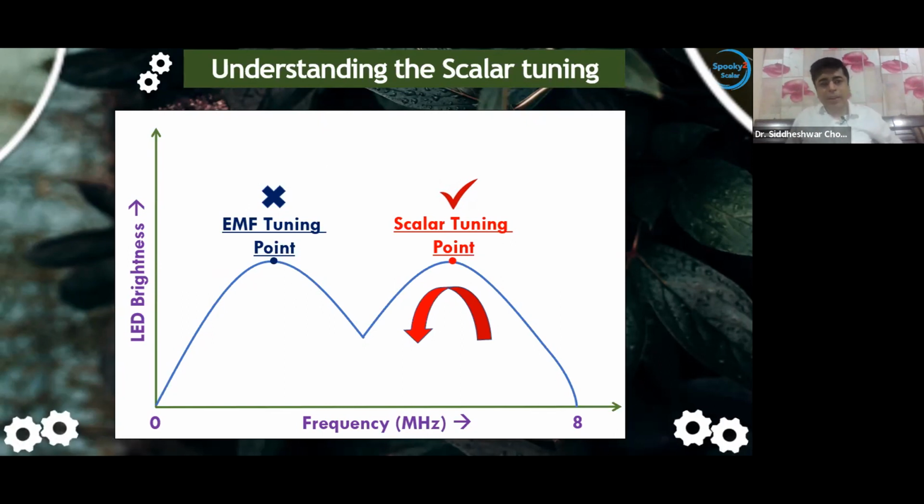This is the electromagnetic field tuning point, EMF point. This is not what you need. So please make sure, if there is any such confusion, you can turn off the transmitter, and then again you can turn it on and start your tuning again from 8 megahertz. Okay. So the first bright point is the one you are targeting. That is very important.